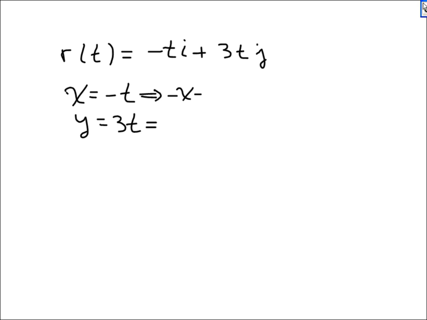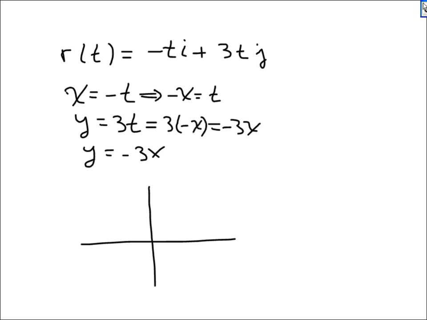Multiplying both sides by negative 1, we learned that negative x is t. So instead of 3t, or 3 times t, it's 3 times negative x, or negative 3x. Y is equal to negative 3x, which happens to be a line that goes this way.